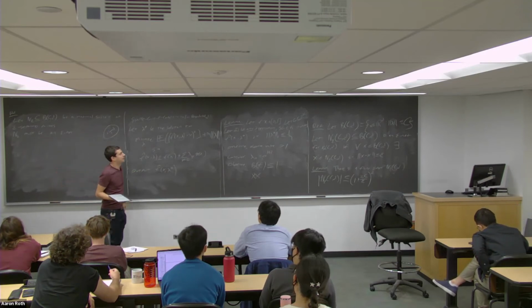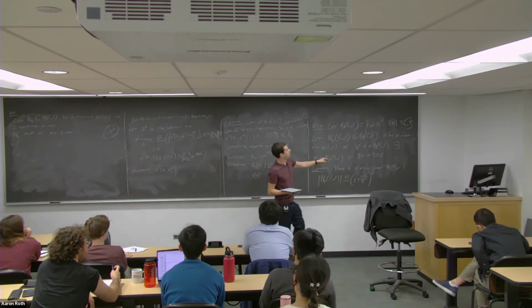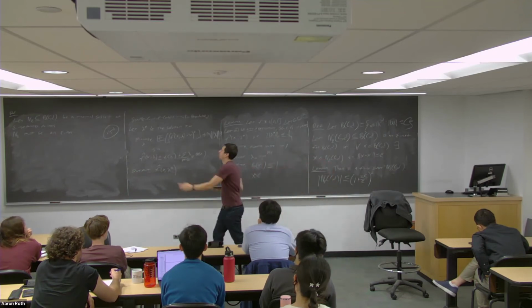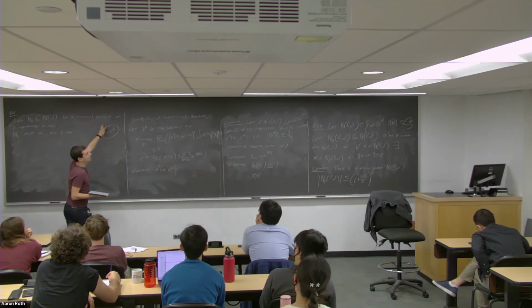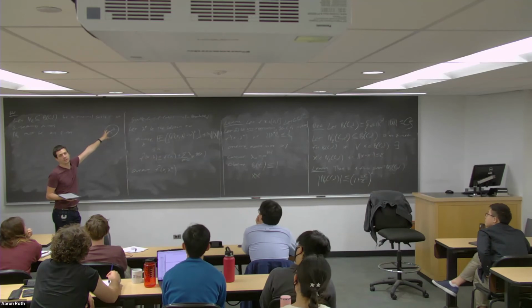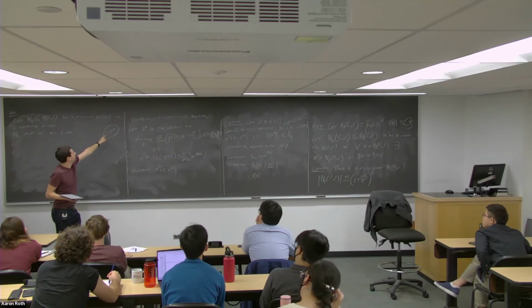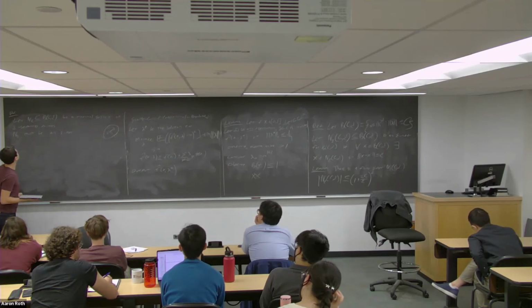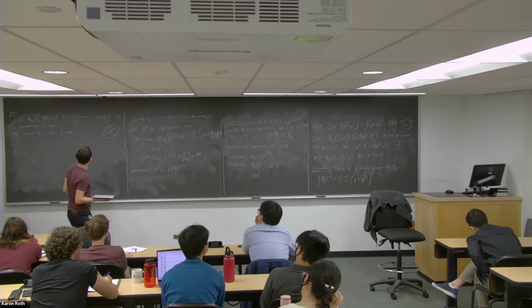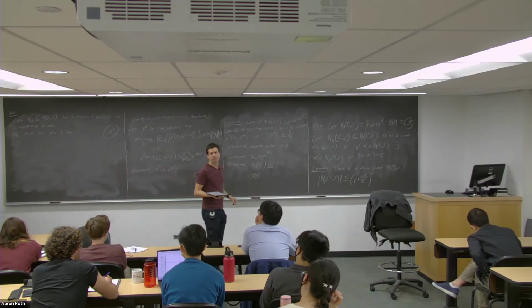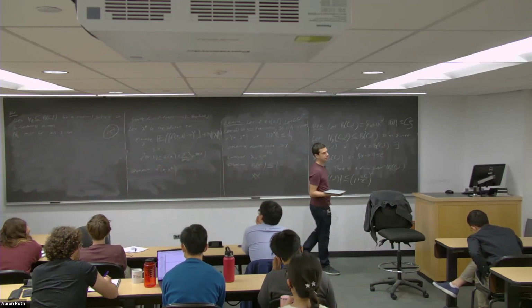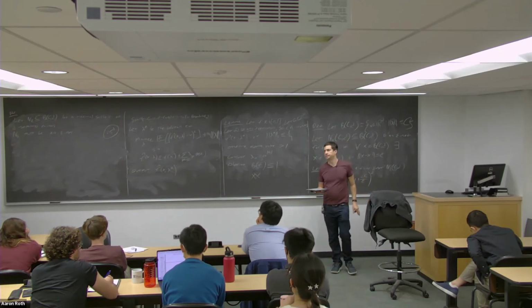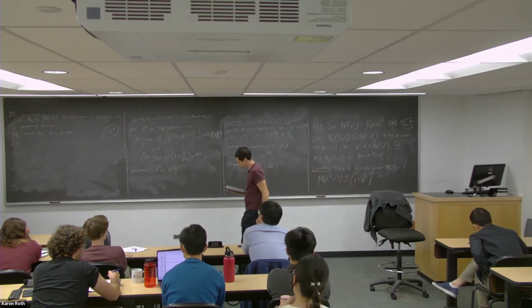So if it's not an epsilon net, that means you can point to something in the ball such that for every other point in the net, the distance is further than epsilon. But if there was such a point, you could add it to this and it would maintain the epsilon separation property. So if I have a maximal set of epsilon separated points, it's got to be an epsilon net. Does everyone buy that? Okay.